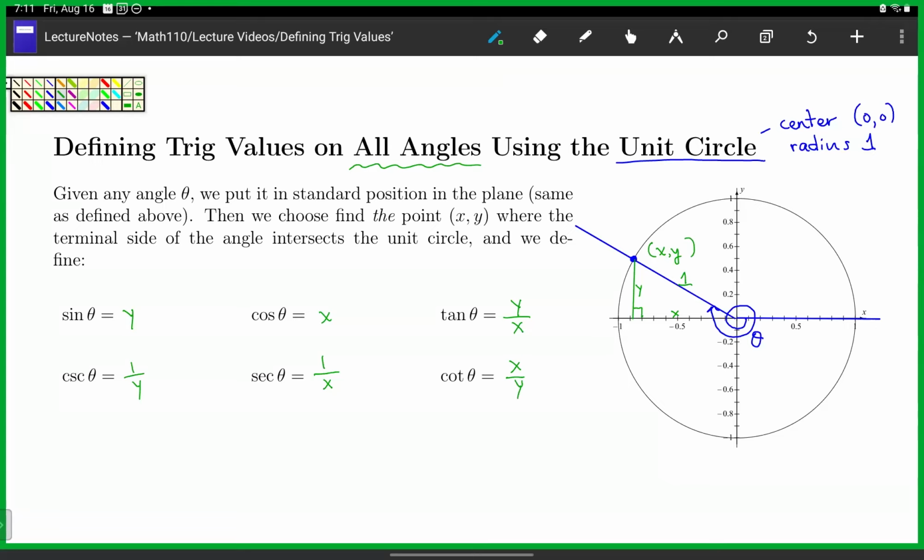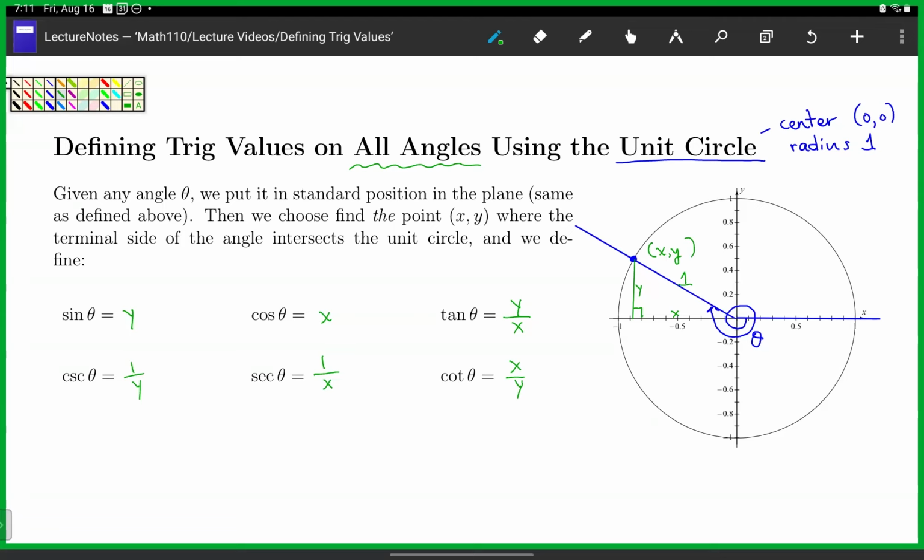Okay, now these angles we typically write in radian form, and radians are unitless. They're just numbers. And so I can ask, what is the sine of 45 degrees? That is an angle measured in a unit of degrees.